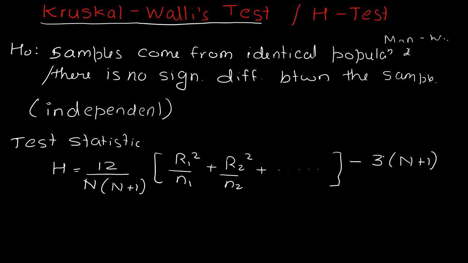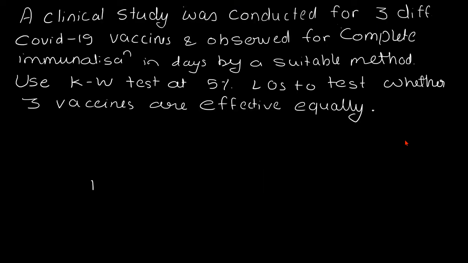This is the test statistic. Then it will be compared with the tabulated value and there will be a conclusion about accepting or rejecting the H naught. We'll see this with an example.